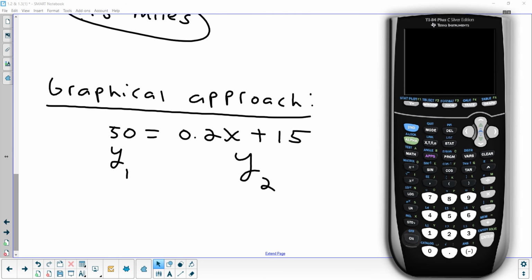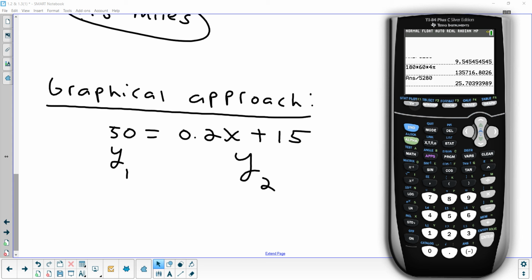So in your calculator, you'll turn it on. We're going to press y equals in the upper left. And once you press the y equals button, if you had something else typed in, you can just press clear and it'll get rid of it.